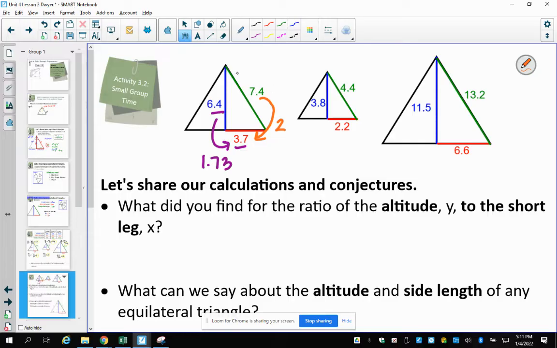So the hypotenuse, or this longer side of the triangle, always seems to be 2 times the size of the short leg. If I take this times 2, I get that one. And same with the short leg to the altitude, except we'd be multiplying by 1.73.